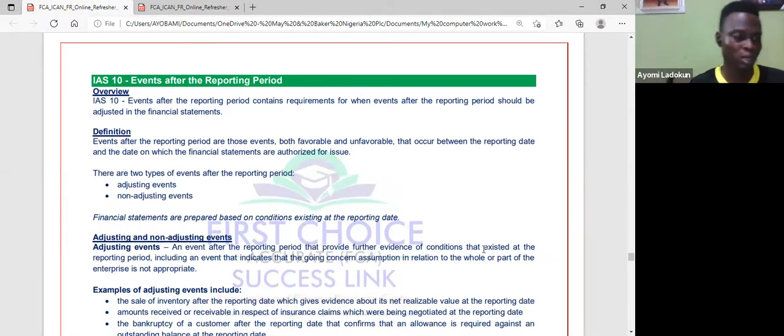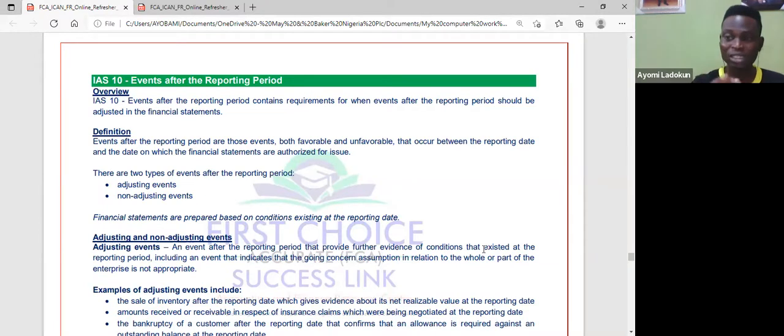Number 1, appropriate level of management must be committed to a plan to sell the asset. An active program to locate a buyer must have been initiated. The price offered for the asset must be reasonable, in line with its fair value. Sale is expected to occur within the next 1 year, and there is no plan to withdraw the asset from being sold, right?